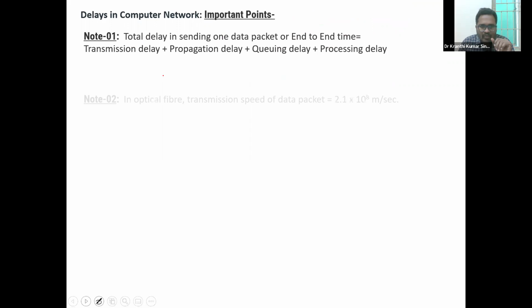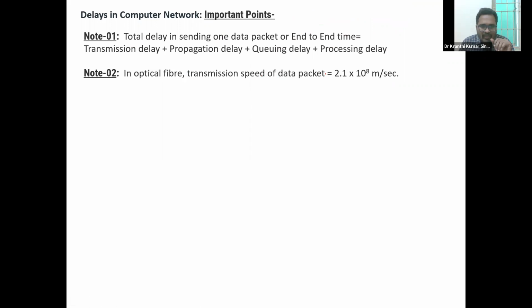Next, note 2. In optical fiber, the transmission speed of a data packet is 2.1 into 10 power 8 meters per second. Why 2.1 into 10 power 8? I said 3 into 10 power 8, right? Why 2.1? Because in optical fiber, light is the transmission medium, so it equals the light speed, 3 into 10 power 8.